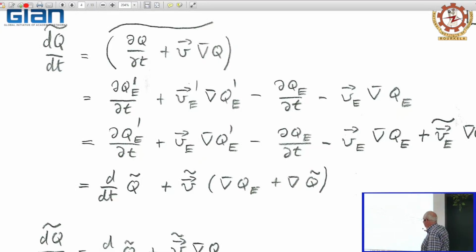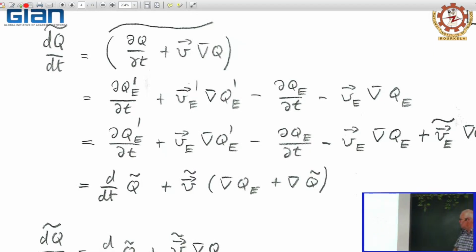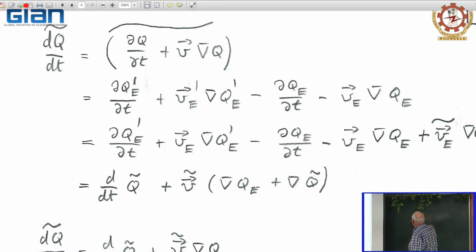So we have V tilde times gradient QE plus gradient of the Eulerian perturbation of Q. Q tilde is QE dash minus QE.